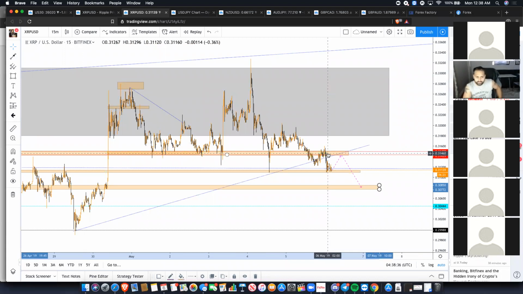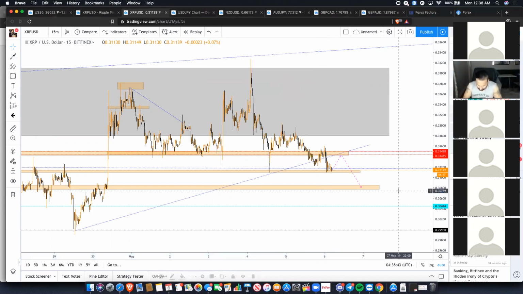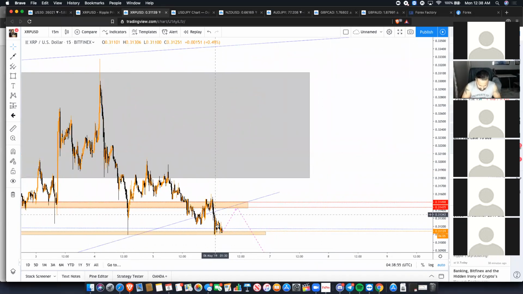Remember earlier, Lucho, we were talking about XRP buys? Yeah, and this is mainly why. I noticed that the price faked out right here. So in order for it to continue going down, she retested the zone in here. But now we want to see the retest under the zone.